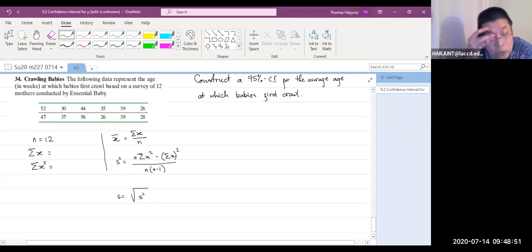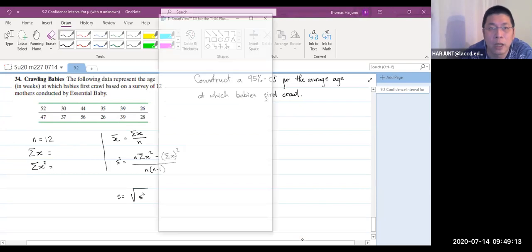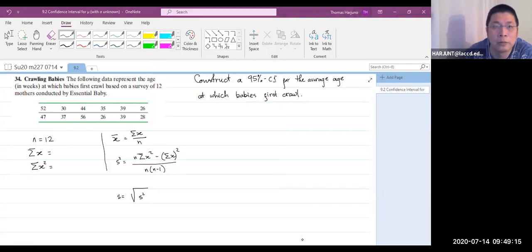Now in my test, you still need to do it this way. But let's assume that you will use a calculator to help you. Then yes, I will use the calculator.